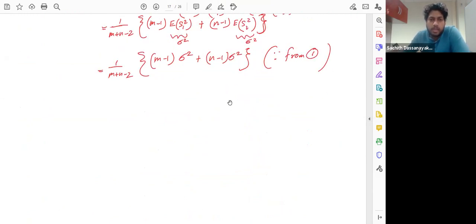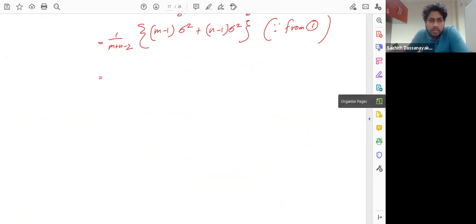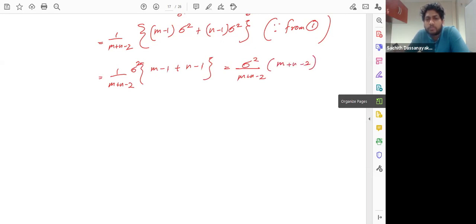Now almost done. So 1 over m plus n minus 2 times, you can take out sigma squared, because it is constant, the same for these two. This becomes (m minus 1) plus (n minus 1). So you have sigma squared over m plus n minus 2, and inside you have m plus n minus 2. This cancels, so you have sigma squared.